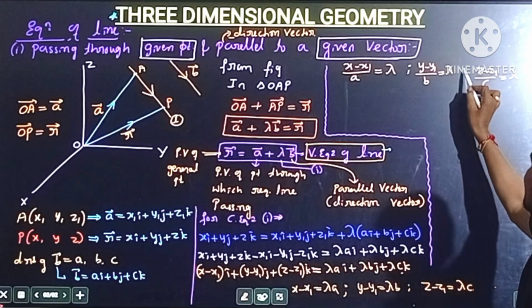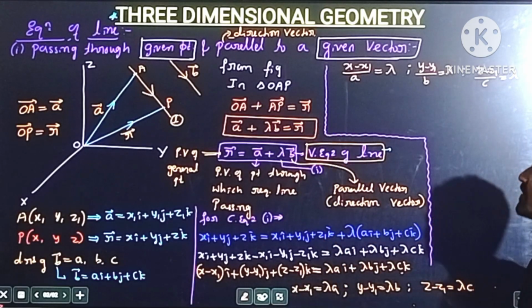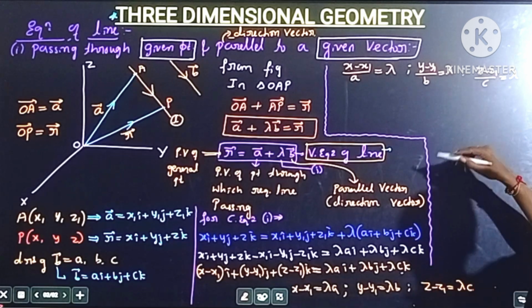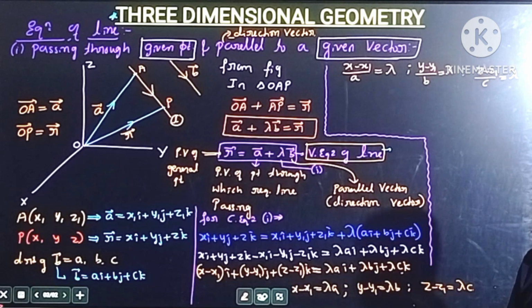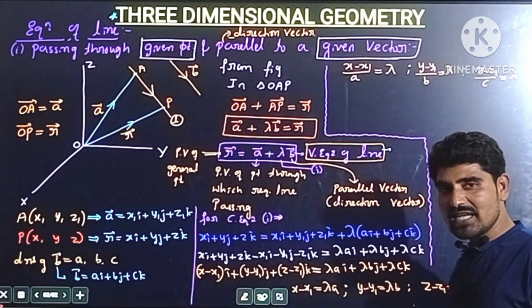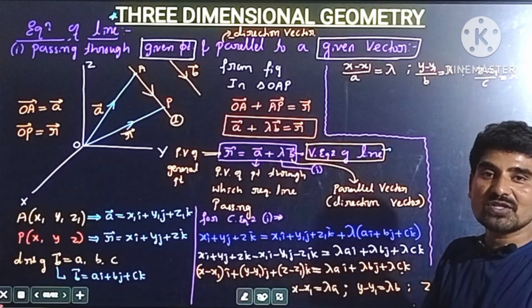Now observe these three equations, x minus x1 by a, y minus y1 by b, and z minus z1 by c, all are equal to lambda. It means they are equal to each other. If these three quantities are equal to lambda, then definitely all of these three quantities are equal to each other.